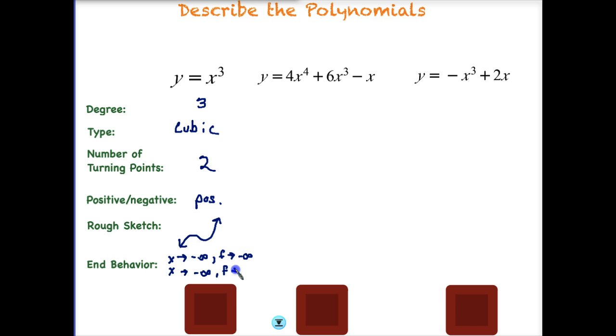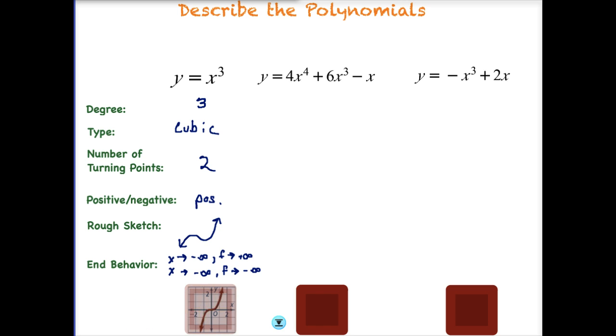And as we head to the left, this end is going down towards negative infinity. So that should be a plus. There we go. And that's it. I have described this polynomial. I have created a rough sketch. Now let's see how close we were to the actual. And that's our actual. We have it in the right direction, the right turning points, the right end behavior.